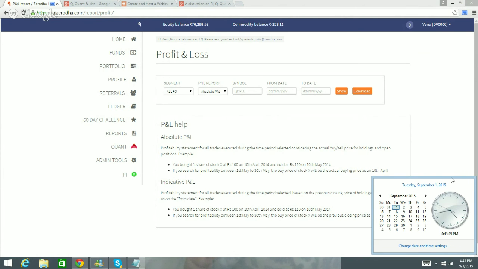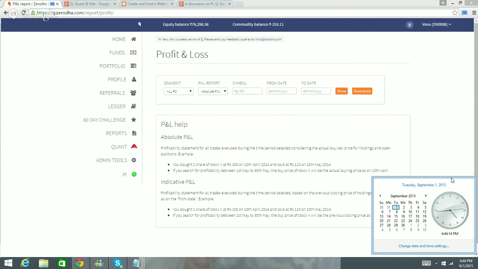Now, assuming you guys are holding on to a portfolio, you're holding on to some stocks, or you have FNO positions from before. What is profit for you? What was your account balance on May 1st, and what is your account balance on May 31st? Or is it, what is my profit based on what price I bought it at?